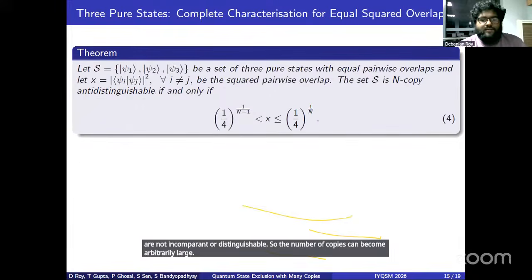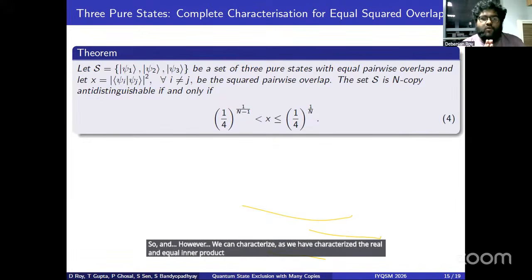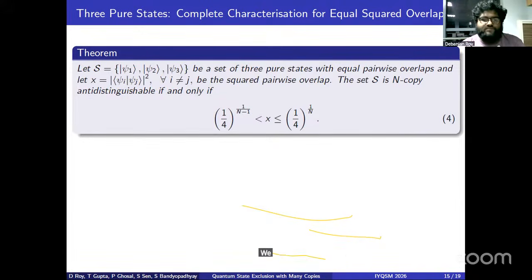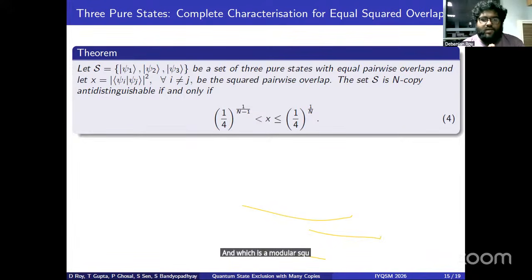However, as we have characterized the real and equal inner product case, we can find the case of 3 pure states with equal overlaps, and we call this the squared pairwise overlap, which is given by x, the modulus squared of the inner product.